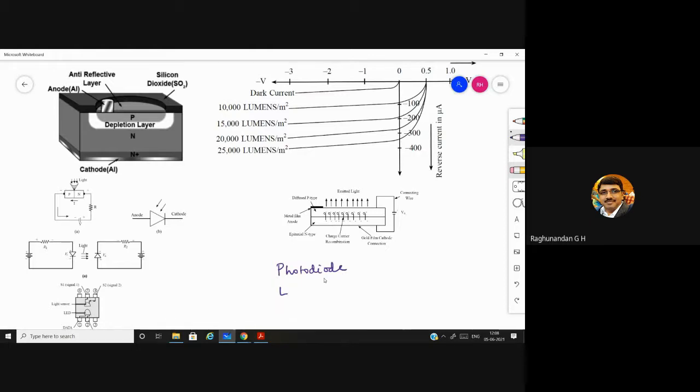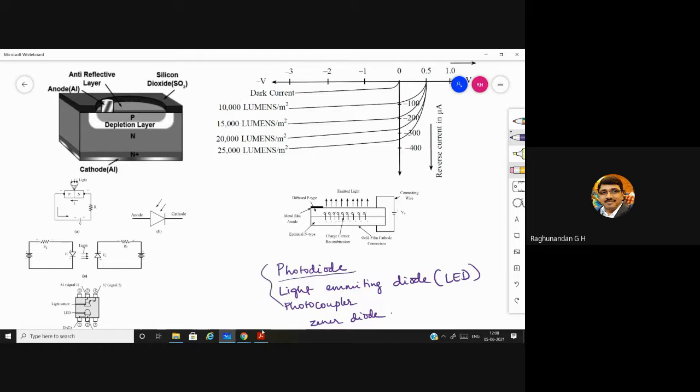After that, we have the light emitting diode, that is LED. And after that, we have the photocoupler. Later on, we will discuss the Zener diode. So first, we will discuss the photodiodes.